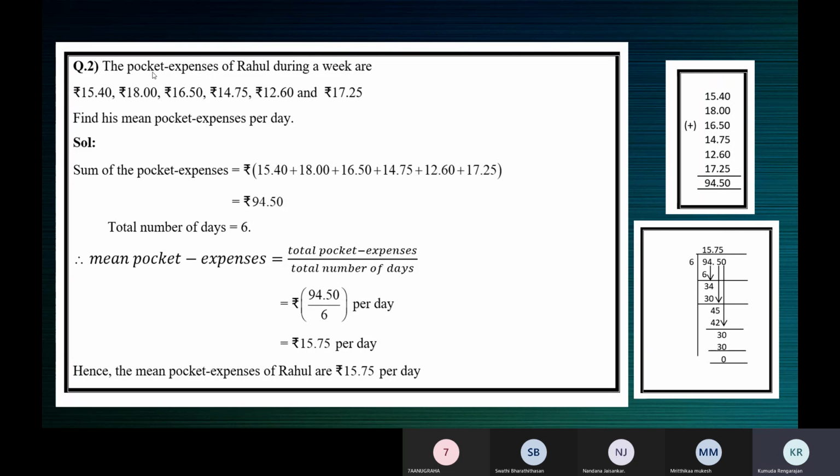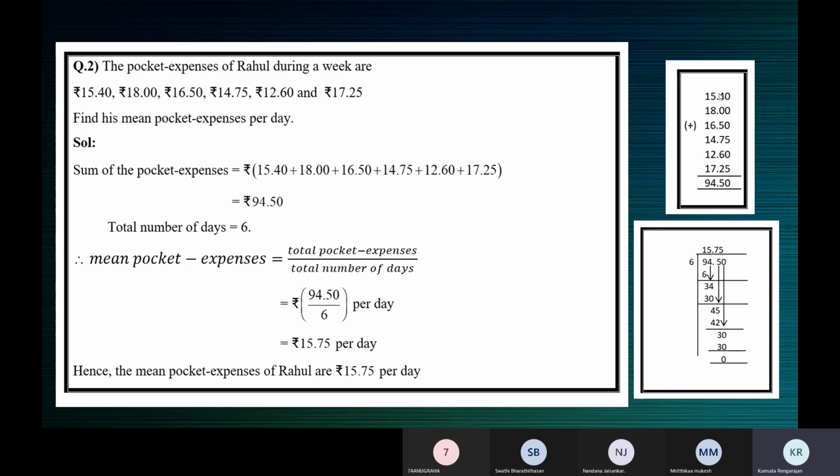So in this question, the pocket expenses of Rahul during a week are given here. When you count, there are 6 numbers. So the mean is the total of all these pocket expenses divided by 6.